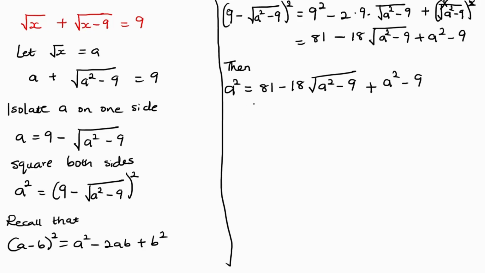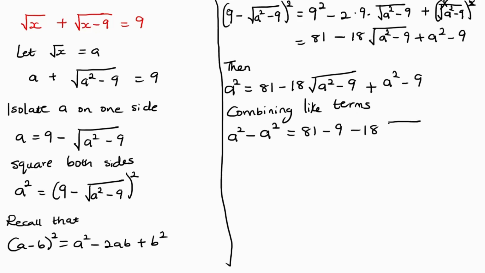So collecting the like terms, or we can easily say combining like terms, we have that a squared minus a squared is equal to 81 minus 9 minus 18 into the square root of a squared minus 9. Okay, a squared minus a squared gives us 0, which is equal to 81 minus 9, which gives us 72, minus 18 into the square root of a squared minus 9.